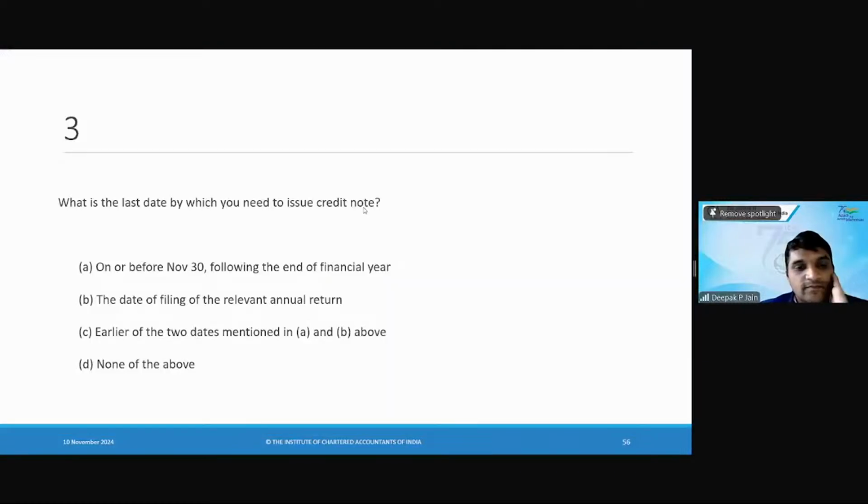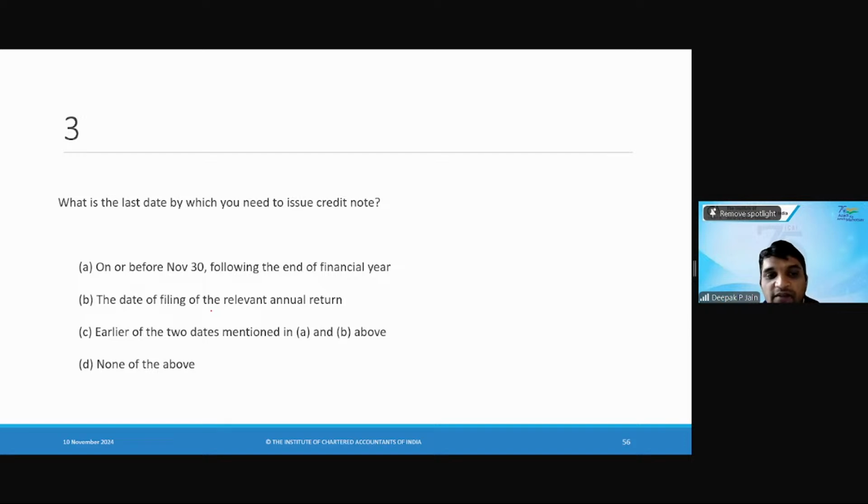And the correct answer for this is A. No, even after correction, the due date up to which you can issue the credit note, if you have filed the annual return before 30th November, then it will not become A, no?